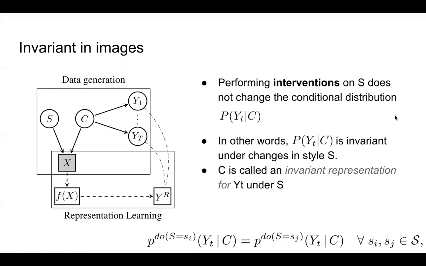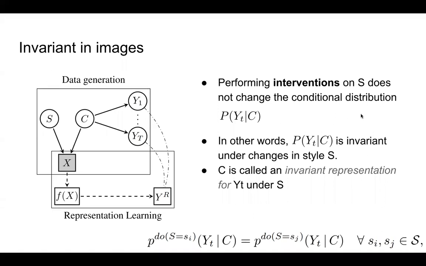Here, the intervention is a concept in causality. It means that you force the style S to be something, like I force the style of a dog to be in a house or on a beach. Obviously we change the style.